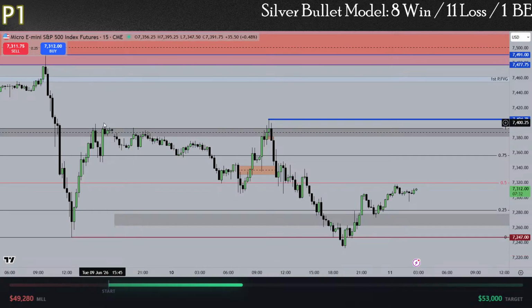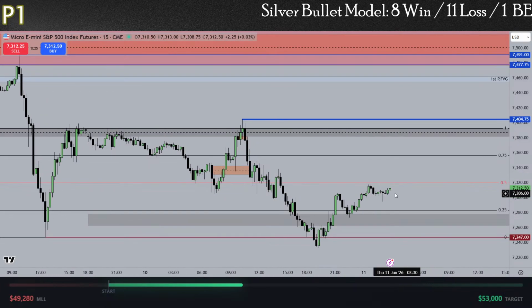High, low, higher high, breaker. This is basically a bearish breaker here that we are trading up into currently, and that consequent encroachment, 50% of that larger week.